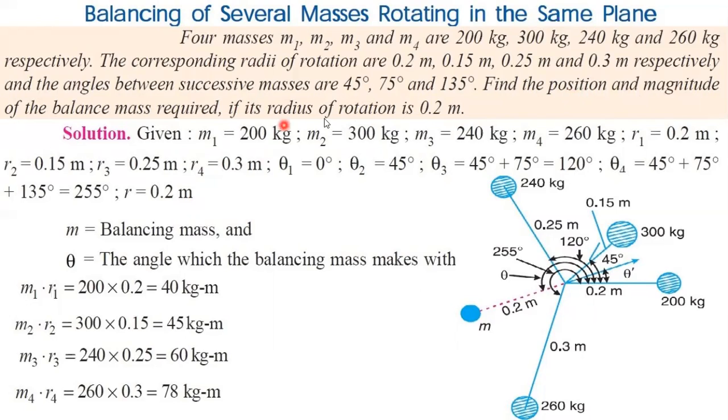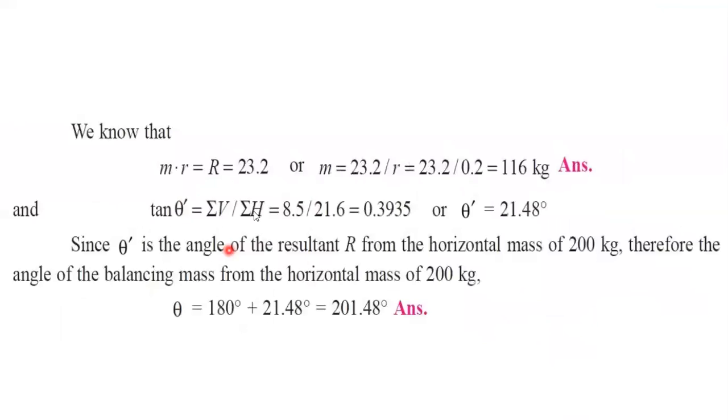They have clearly given that the balancing mass is rotating at a radius of 0.2 meters, so r is equal to 0.2 meter. Just substitute the r value and the resultant value, and we can easily calculate the mass.